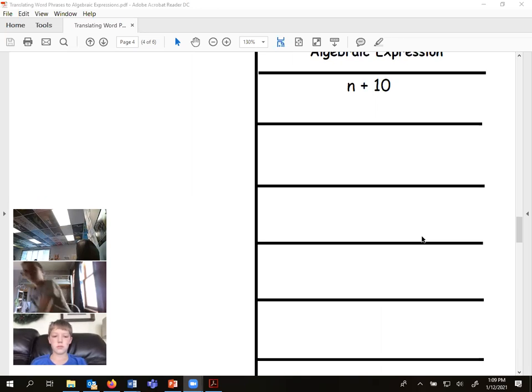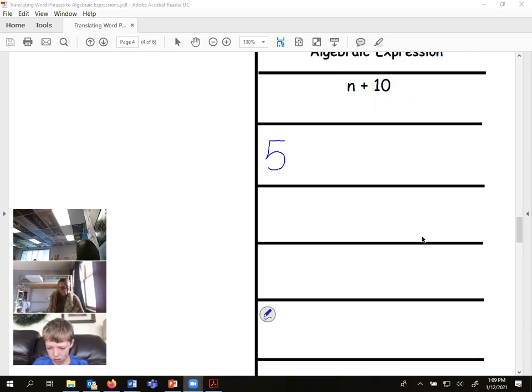We did the second one in class yesterday, but I don't think I recorded that. So the product of 5 and a number. How would I show the product of 5 and a number, Anna? 5 times n. You can write that all sorts of ways.